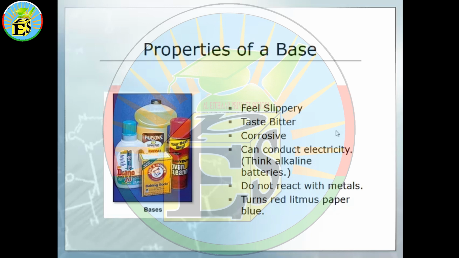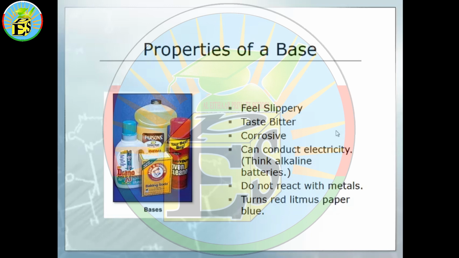Bases can conduct electricity, like acids, but they do not react with metals. If you go back and check, acids were reacting with some metals, giving strong reactions, but in the case of bases or alkalis, they do not react with metals.